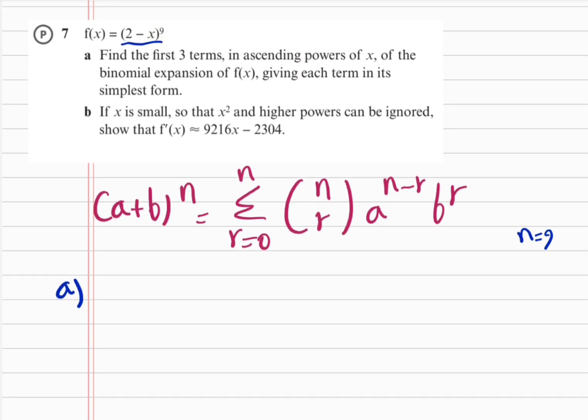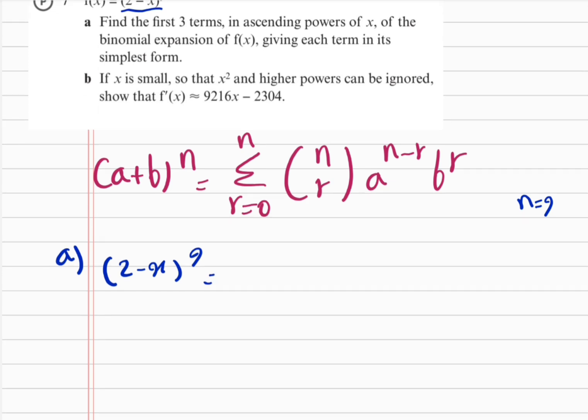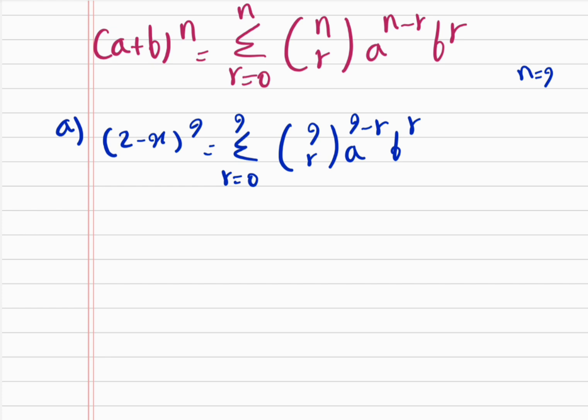The function (2 minus x) to the power of 9 is equal to the sum from r equals 0 to n, which is 9 in this case, of 9 choose r, a to the power of 9 minus r, and then b to the power of r. Okay, so we can then find every single term.